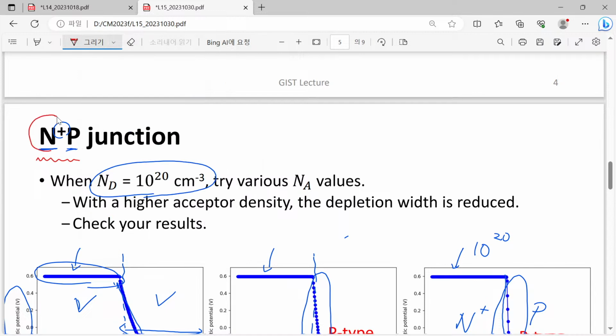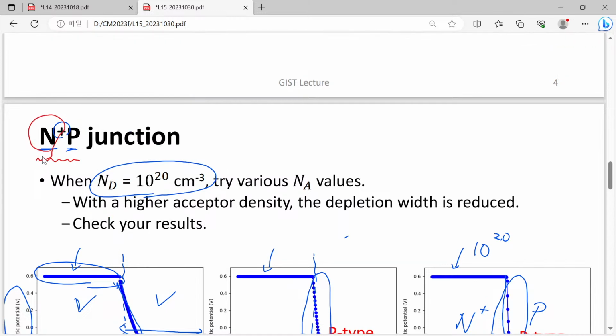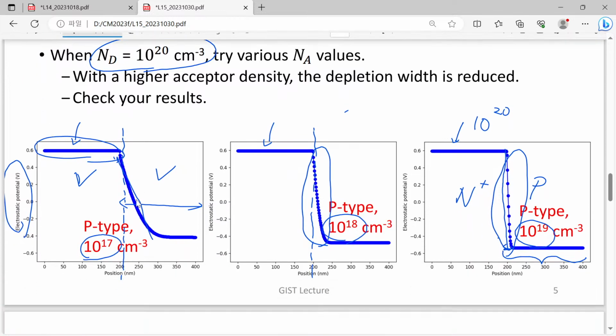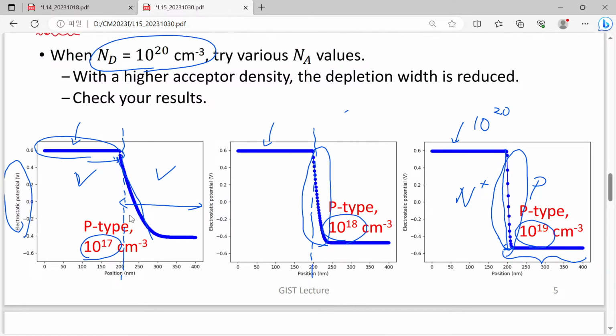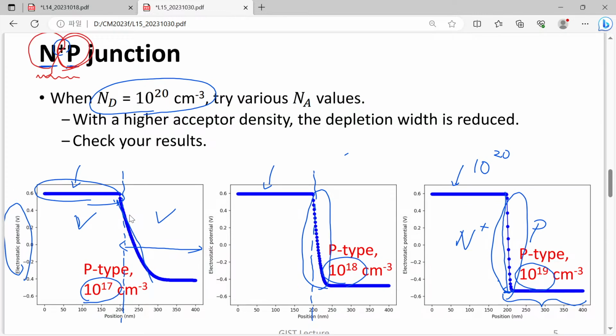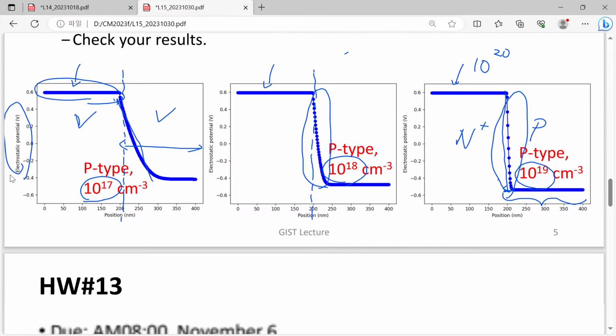In this N plus P junction, where the N-type dopant is much more than the P-type acceptors, the change of physical quantities occurs in the p-type region only. Then of course you can draw the same quantity with your own program. Please try to reproduce this. Yes, you can do it.